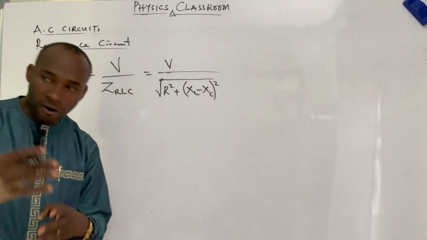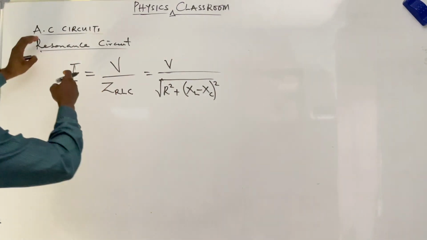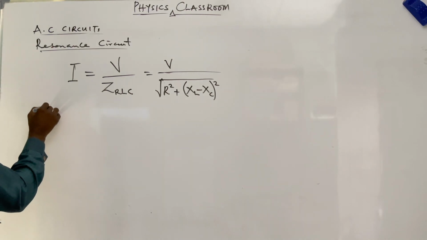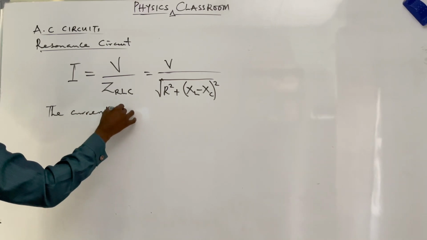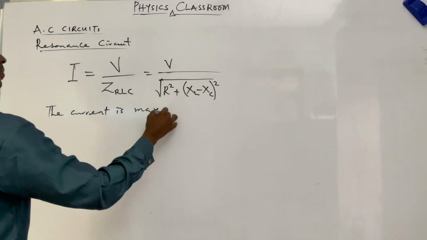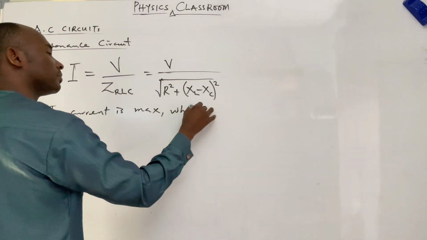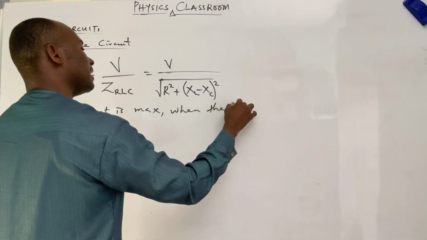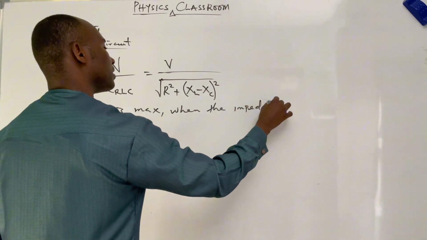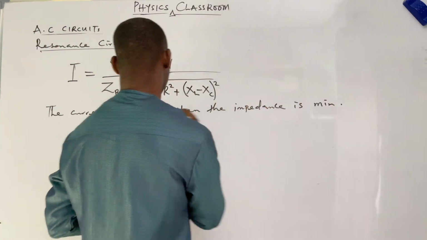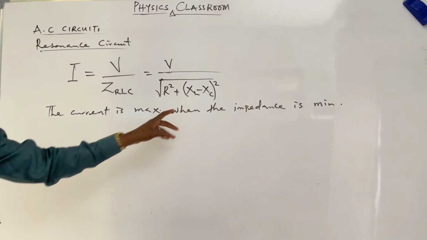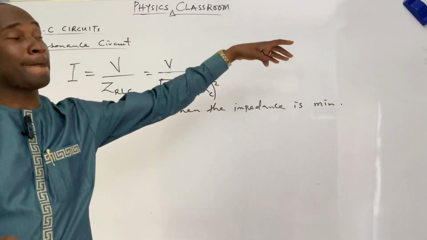Hence, the current of a resonance circuit is maximum. The current is maximum when the impedance is minimum.